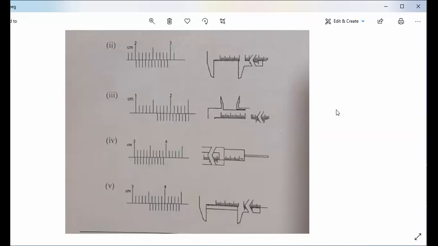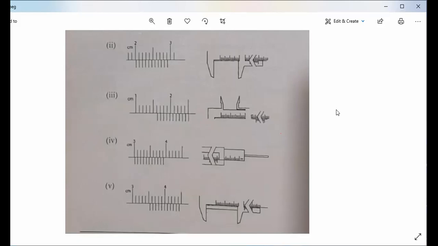The smallest measurement taken from the external jaws should be used as the external diameter. Full stop.